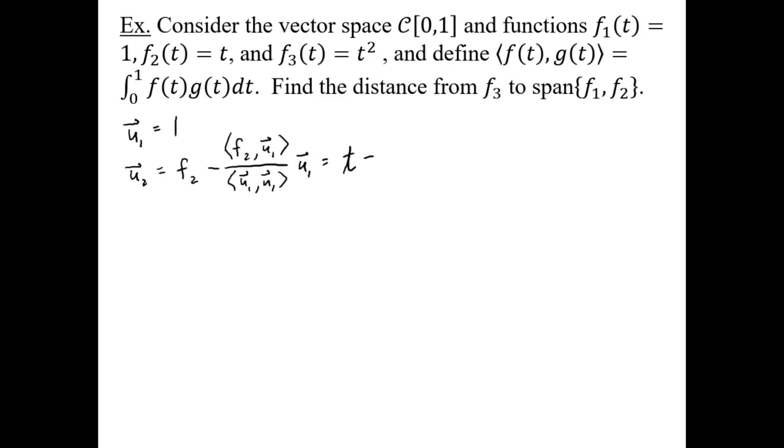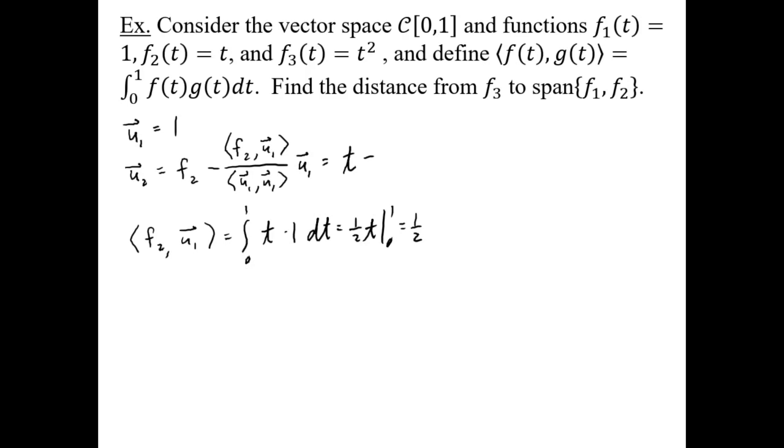I think I might have to do some of these off to the side here. So the inner product of f2 and u1 would be the integral from 0 to 1 of f2, which was t, and u1, which was 1, dt. If I evaluate this, I'm getting an answer of 1/2.